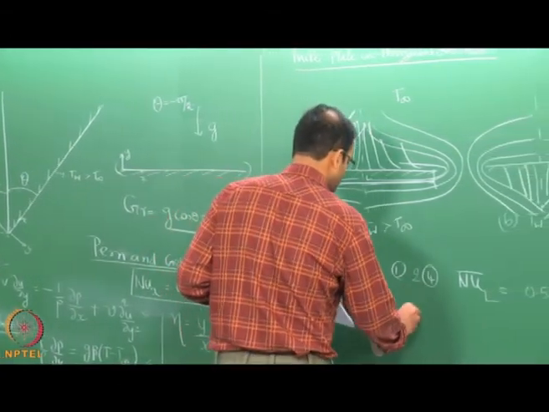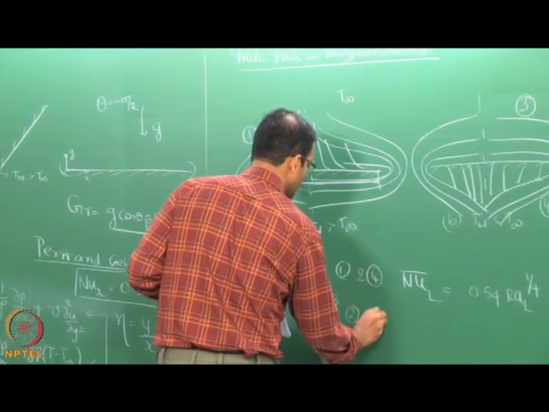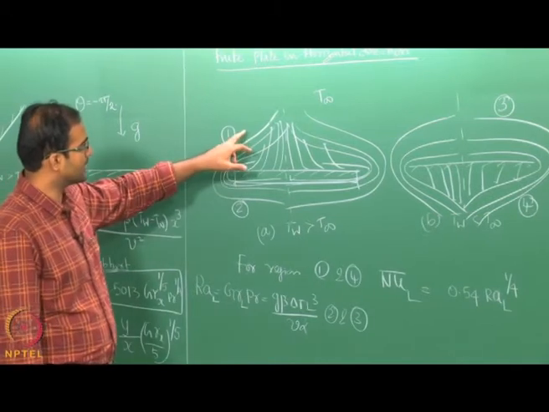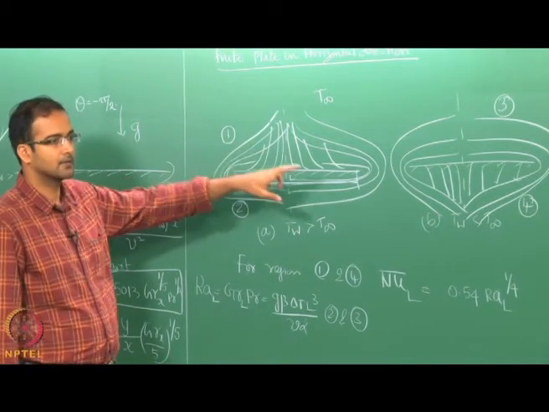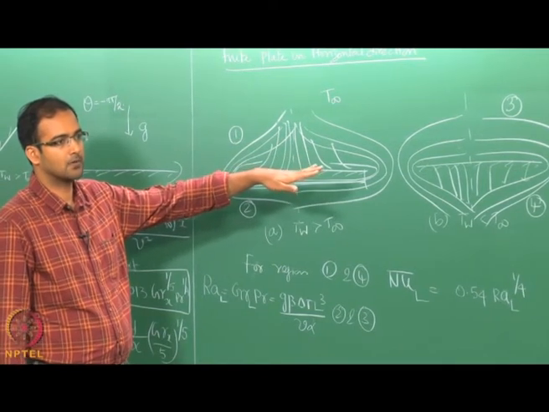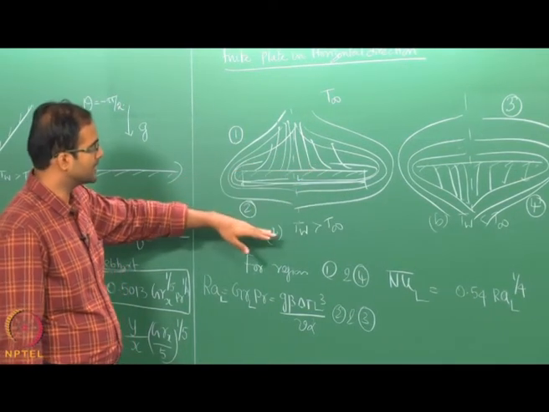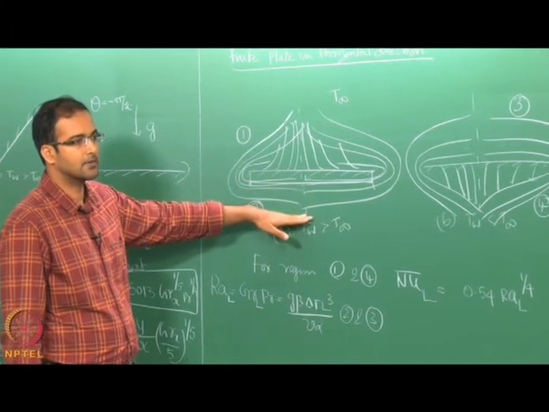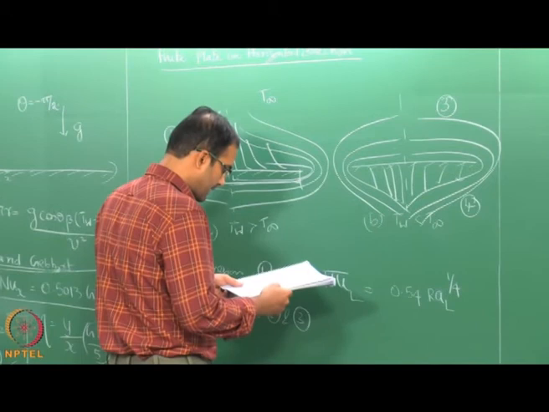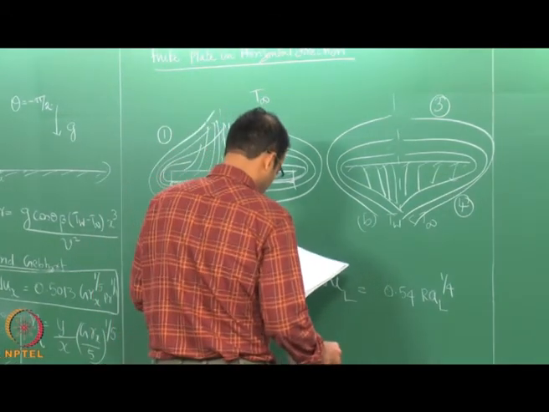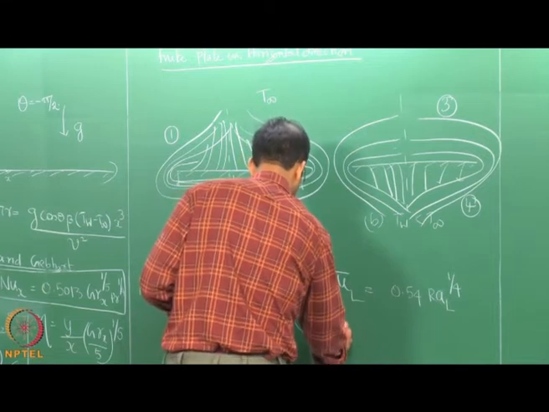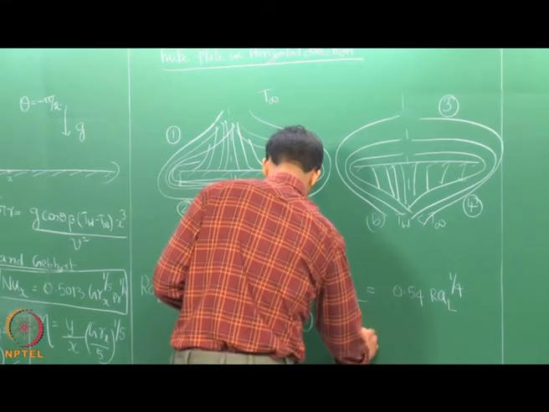So, similarly for regions 2 and 3. So, region 1 is the upper surface of the heated plate, 4 is the bottom surface of the cold plate. Now, for regions 2 and 3, that is the bottom surface of the heated plate and upper surface of the cold plate, we have again identical flow patterns. So, therefore, we have another correlation for that.